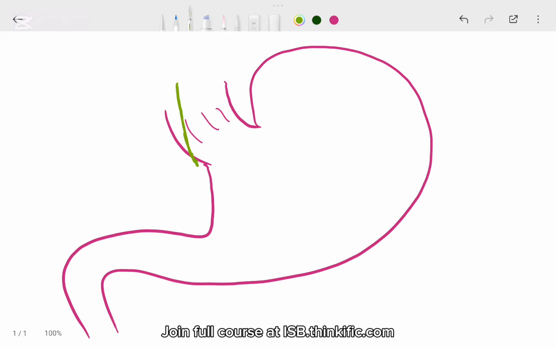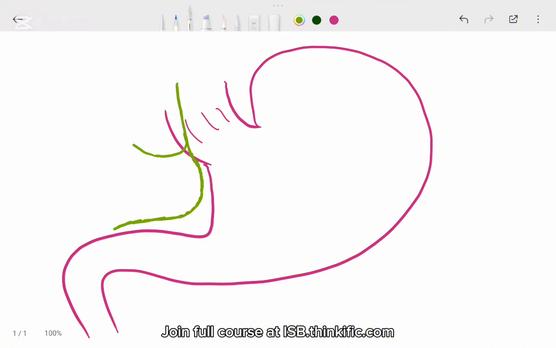It moves along the lesser curvature of the stomach, in between the layers of the lesser omentum. Okay, it moves like this and it ends at the pylorus. What does it give? The major branch here, it will give a hepatic branch proximally, or hepatobiliary branch.